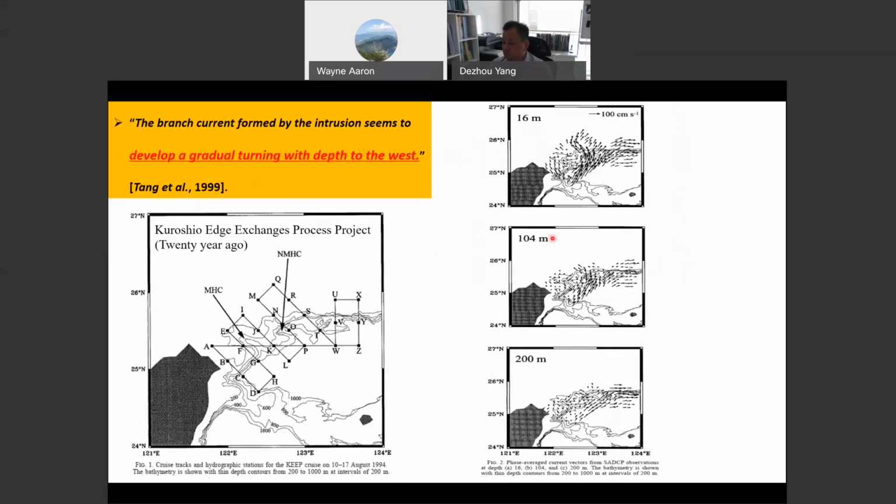And they found the Kuroshio current formed by the intrusion seems to develop a gradual turning with depth to the west. It means in the surface water, the current mainly flows like this, but in the bottom water, it will flow like this one.